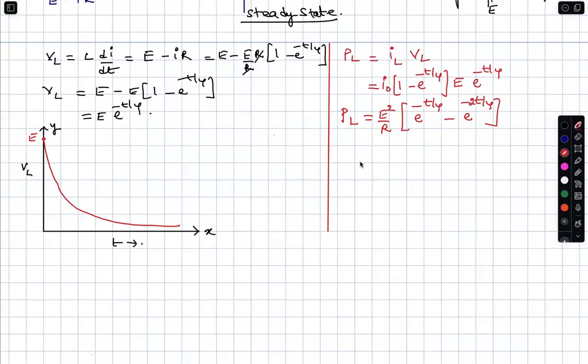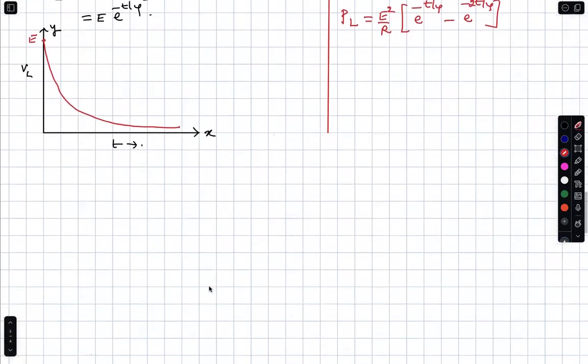The graph looks like this. It's placed here.